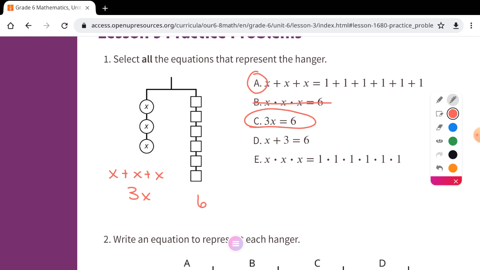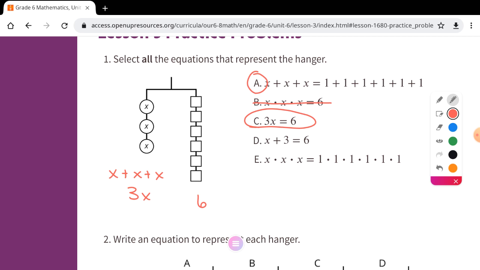There's 3 and then each one gets 2. Cool. Why, Afton? Because there's 3 x's, so 3 times x. So the only time a hanger diagram can show multiplication is if it's repeated addition and we flip it to a multiplication problem.